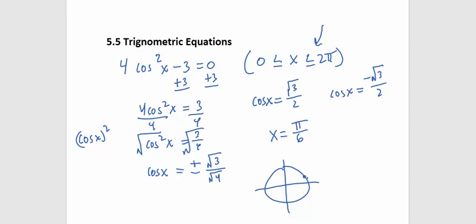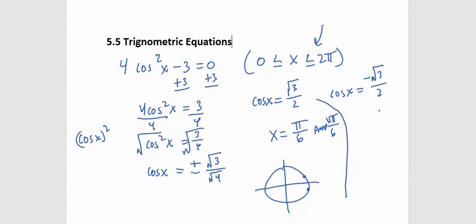The other place I have an x coordinate of the square root of 3 over 2 is right here. Again, almost going to 1. And so over here is going to be 11 pi over 6. So I get two answers for that first one.